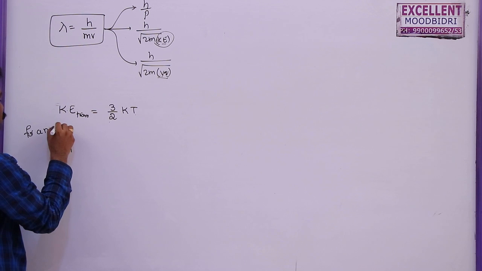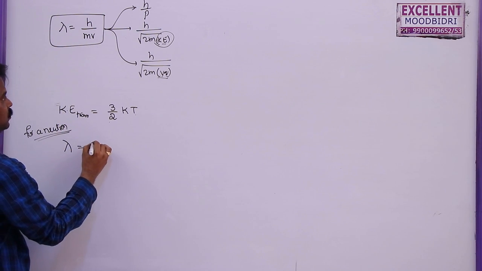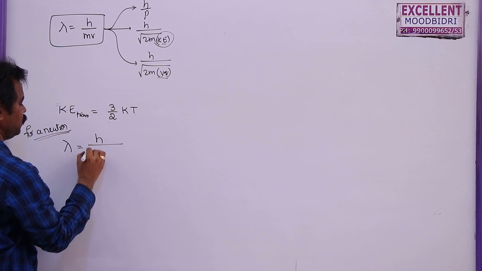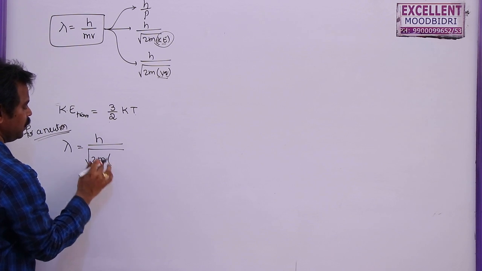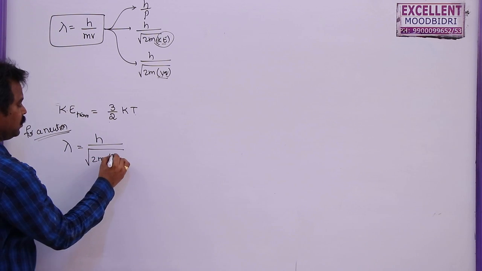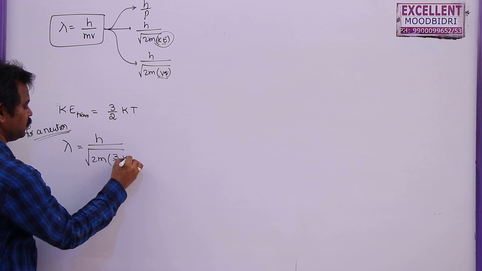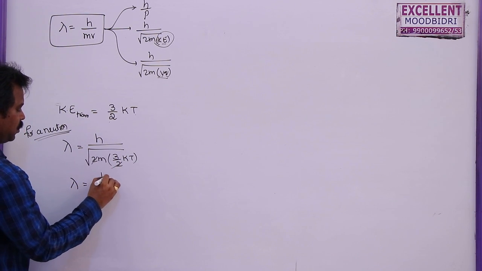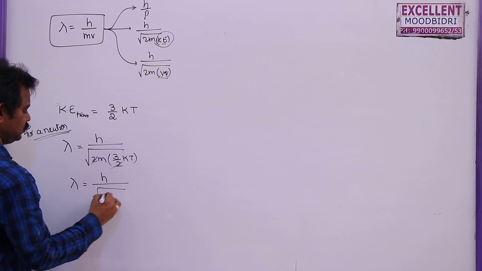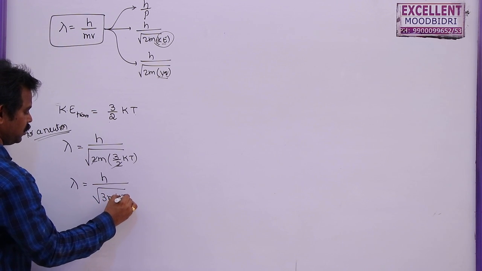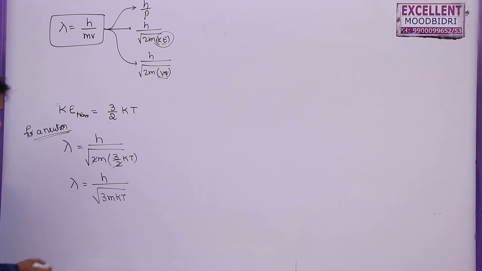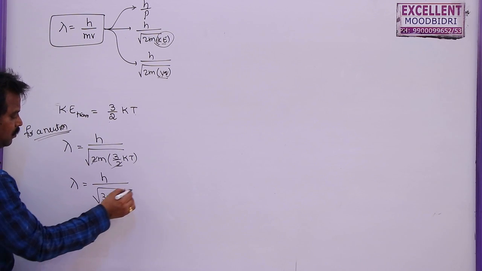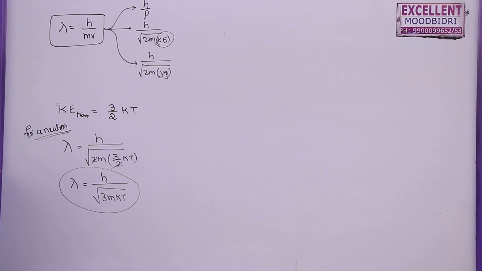For a neutron, the de Broglie wavelength is given by h by root over 2m, where m is the mass of the neutron, KE equal to 3 by 2 kT. This 2 gets cancelled. The de Broglie wavelength of a neutron is equal to h by root over 3m kT, where T is the temperature, k is the Boltzmann constant, and m is the mass of the neutron.